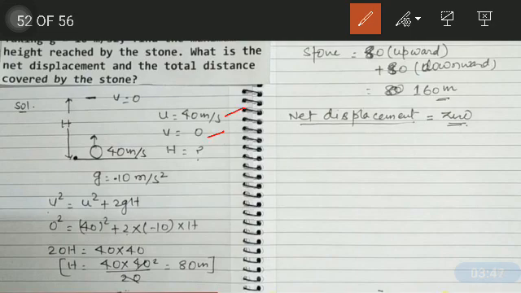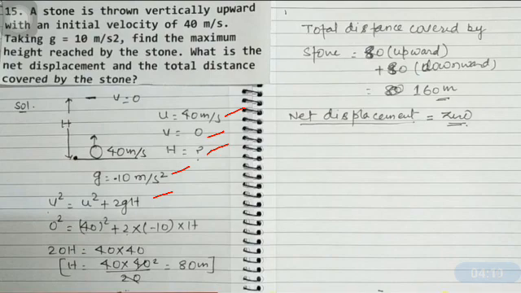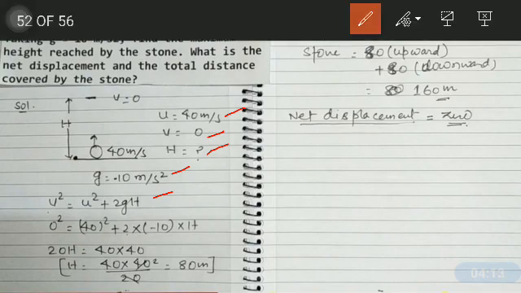At the maximum height, its final velocity will be 0 and we don't know the height which we have to calculate. Since this is an upward motion, acceleration due to gravity is negative and the value is given to you 10 meter per second square, which is the round up value of 9.8 meter per second square. Applying the third equation of motion, placing the values, we can calculate the height and it came out to be 80 meters.